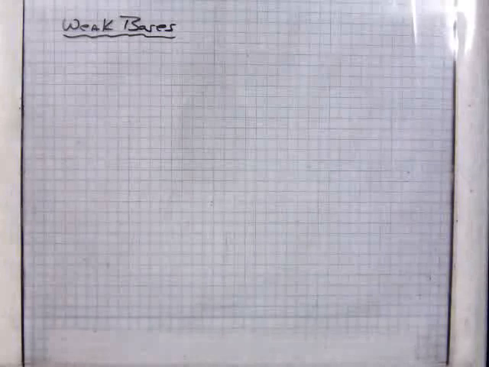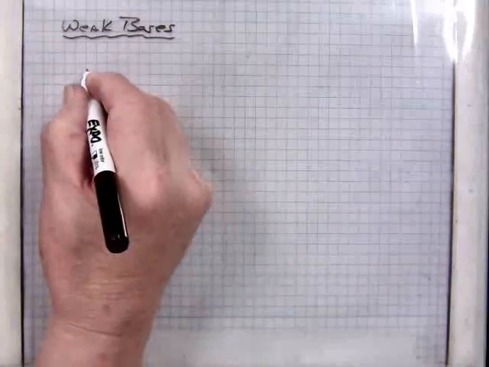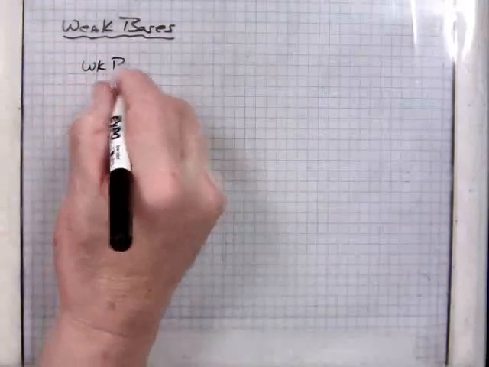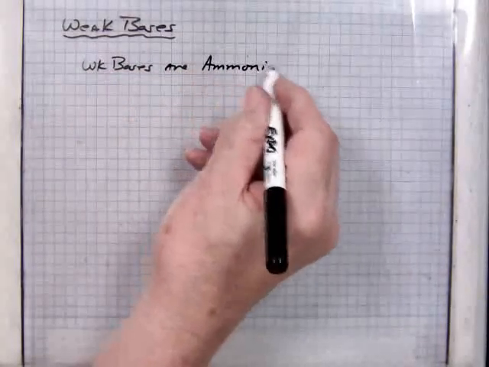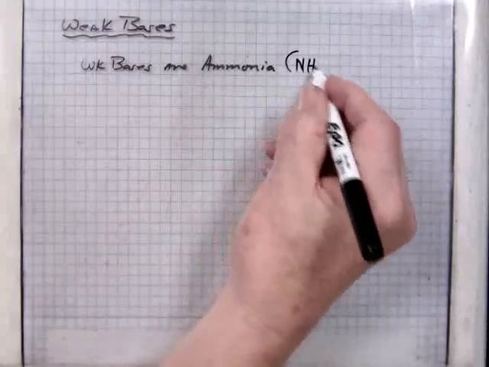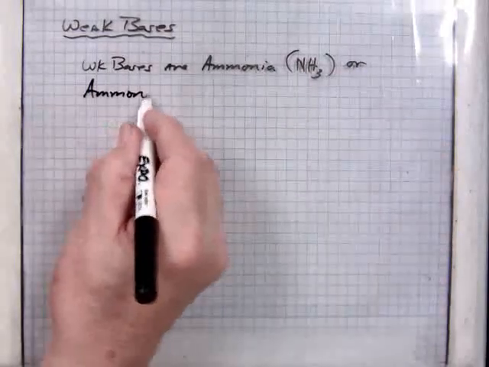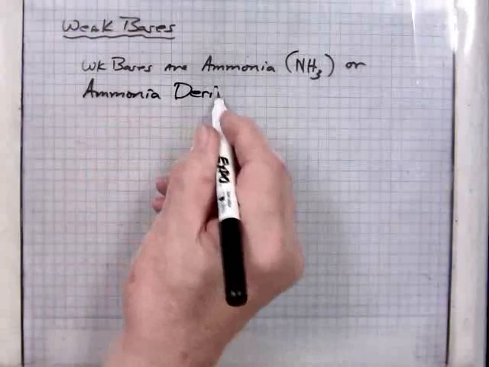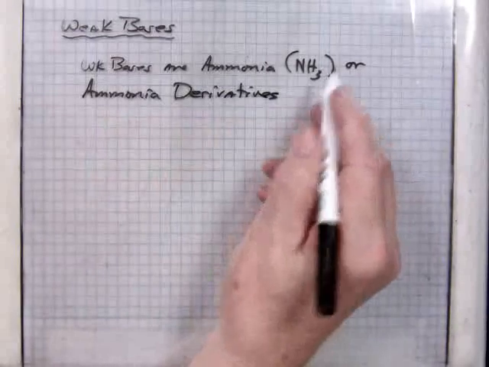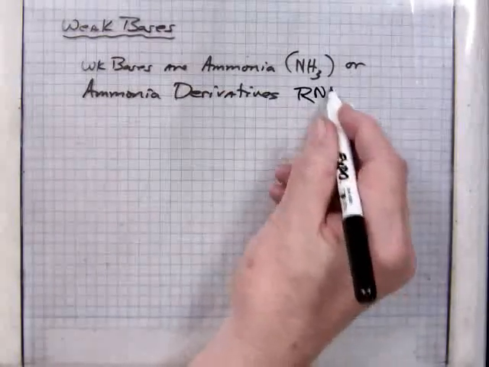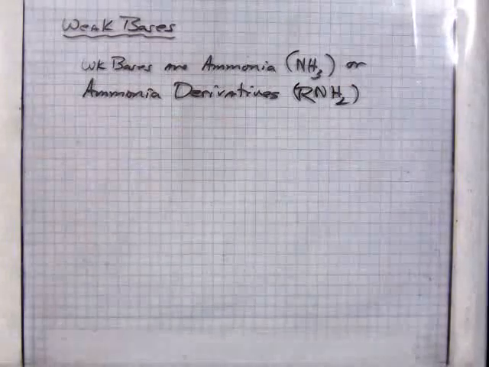weak bases are defined or classified as ammonia, or ammonia derivatives, and one of the hydrogens is taken off and, say, some substituent group is placed on the ammonia molecule, so you have a substitute for one of the hydrogens.